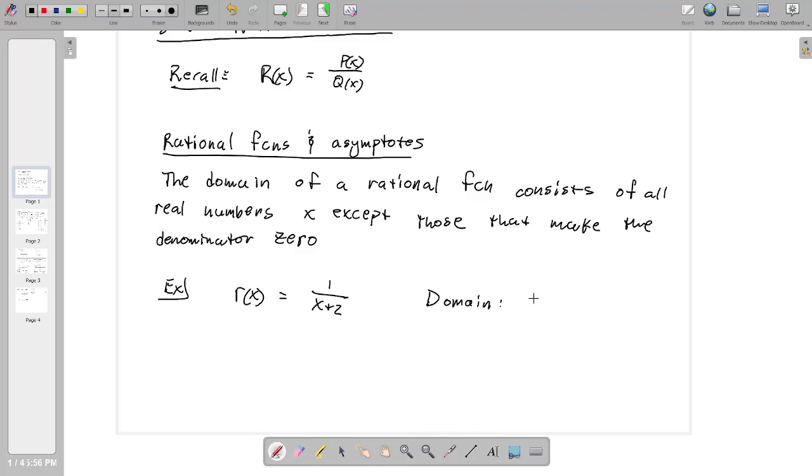The domain would be x is not equal to negative 2. So our domain would look like negative infinity to negative 2, union negative 2 to infinity, like this.